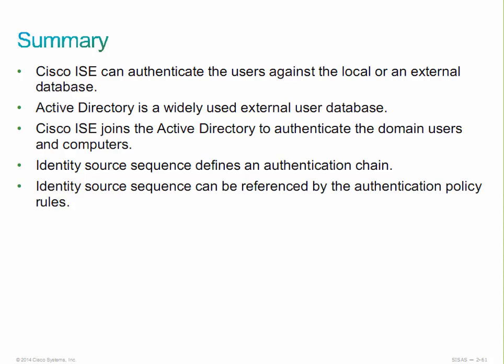Talked a little bit about the Active Directory structure and how we can identify components within Active Directory, integrate Active Directory as an authentication option for ISE as an individual identity source, or we also identified how we could create an identity source sequence to create a chain of authentication options, primary, secondary, tertiary, and so on. And then we finally looked at how we can reference that identity source from our authentication policy rules.